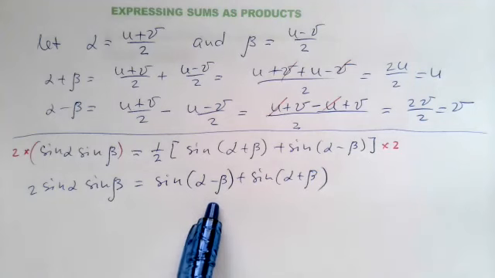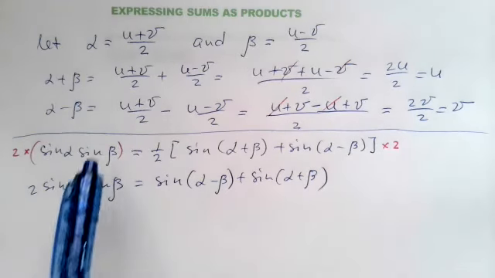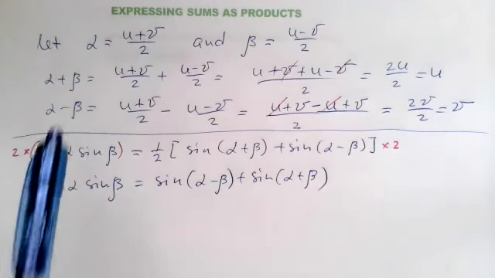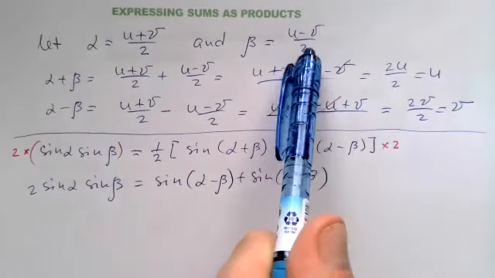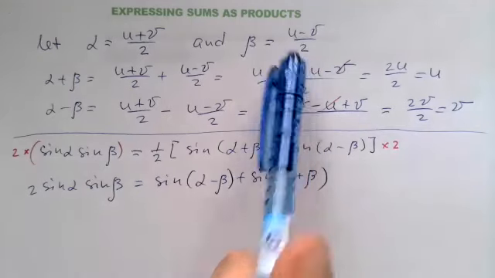And now we're going to make our substitution. Instead of alpha, we're going to put (U plus V) over 2, and instead of beta, (U minus V) over 2. So what do we have?